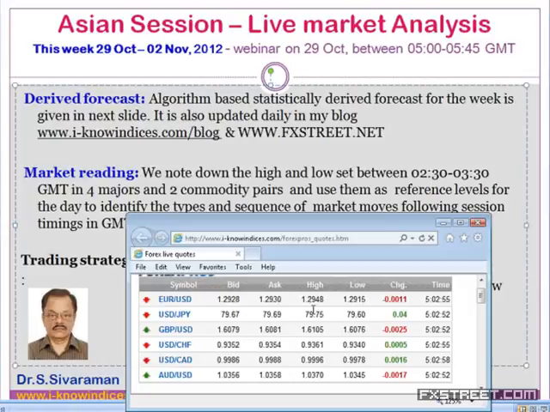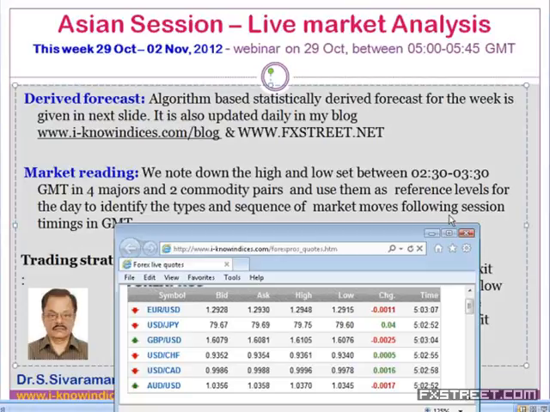So these type of moves we try to note down. When you read the type of moves they do, it is in sequence. The type of moves is namely the stop and false move, extended move, and the intentional moves.